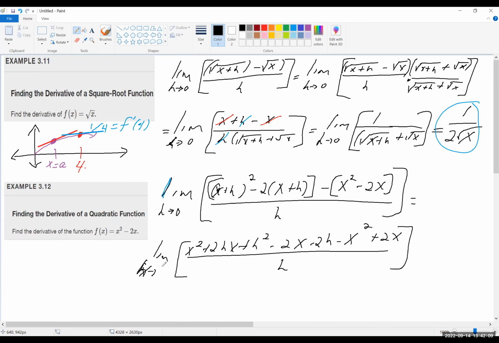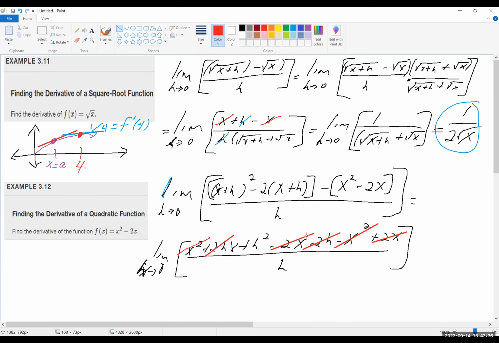That's h goes to 0. But I'll know if I'm on the right track if things start to really cancel out and I'm only left with terms that have an h in them.